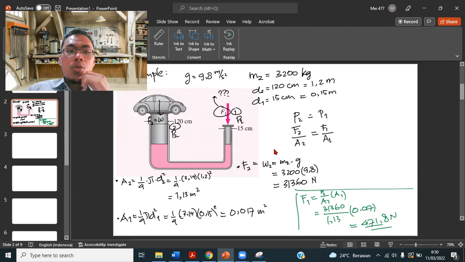But when using this mechanism, using Pascal's law, a human only puts a very small force, so it can lift up an object with a much higher weight.